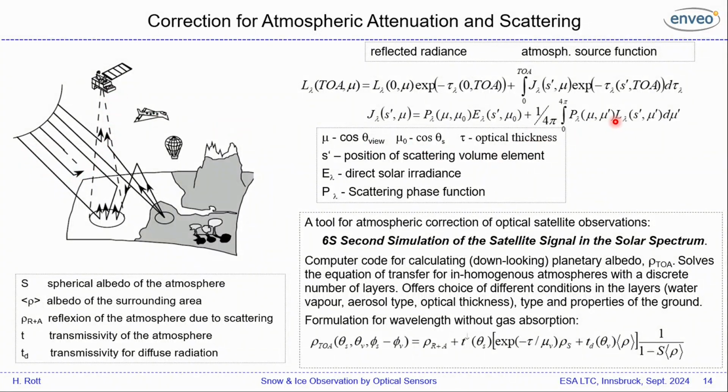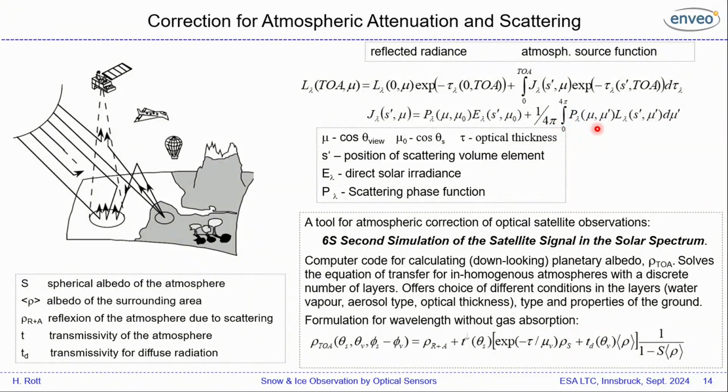And this is quite complex. We need the scattering function, phase function, which is a distribution of the radiation, in which direction the air will scatter. And this then needs to be computed numerically in many different layers. We need to know estimates for the phase function.